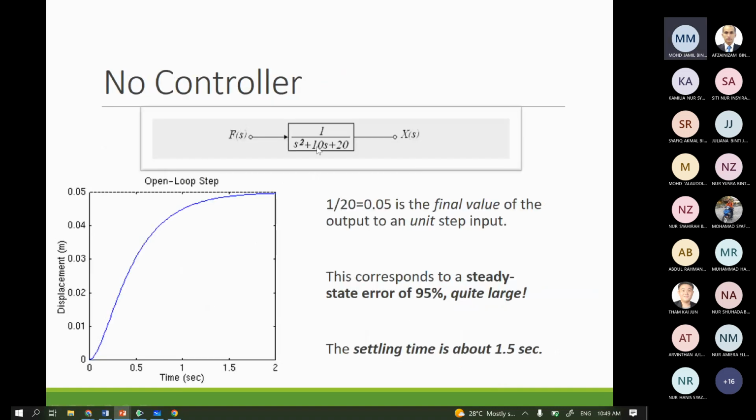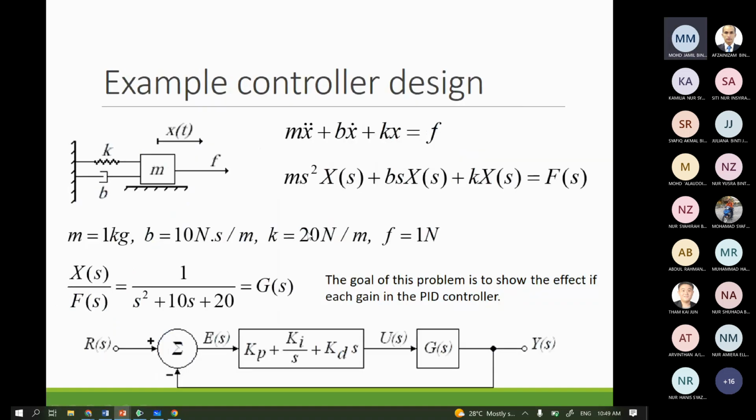So let's say if you don't put any controller, so you just use the plant. So this is the time response of your plant without the controller. So as you can see, the final value here, the value at steady state is 0.05, in which the final value is actually 1.